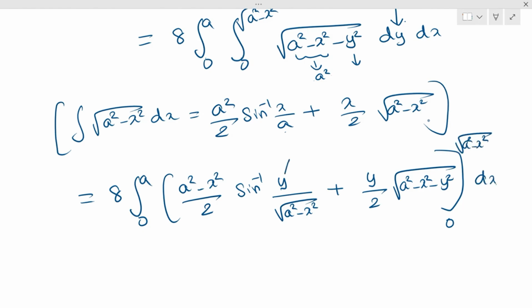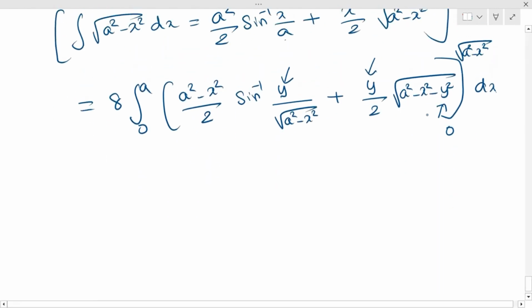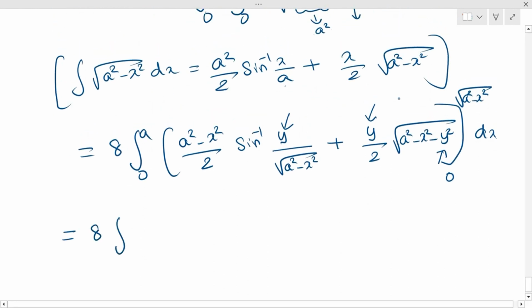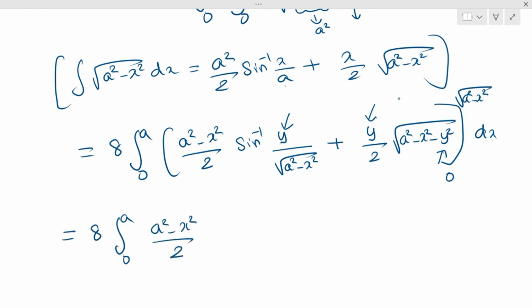Now we have to apply the limit for the variable y. First we have to apply the upper limit. 8 times integral 0 to a of a square minus x square by 2. When we apply the upper limit, y equal to root of a square minus x square, we will get sine inverse of 1 which is nothing but pi by 2.